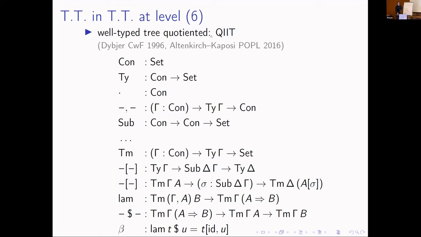You need a substitution to be able to talk about these, so that if lambda t is applied to a term u, then you get the body of the lambda where you substitute the last free variable for u. And at the first talk today, we saw almost the full presentation of this one.